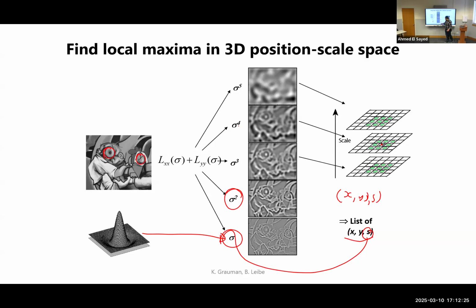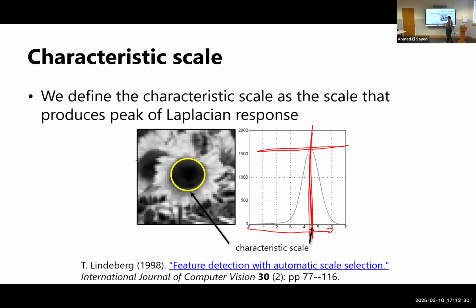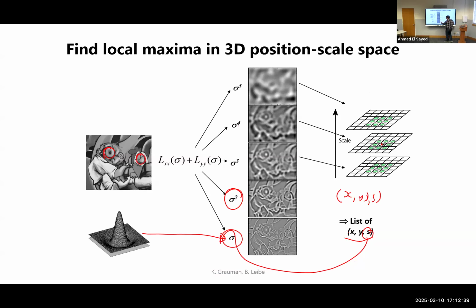Again, instead of changing the scale and calculating the Laplacian Gaussian this way, I will start first by having initial value of the sigma. Then calculate the maximum and minimum on this scale level. Then change the sigma value by having sigma squared. Calculate maximum and minimum on this scale.